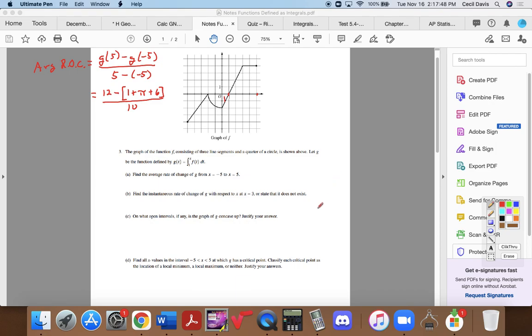Then part B, find the instantaneous rate of change of g with respect to x at x equals 3, or state that it doesn't exist. Well, the instantaneous rate of change is going to be g prime of x, my fault, which is equal to f of x.